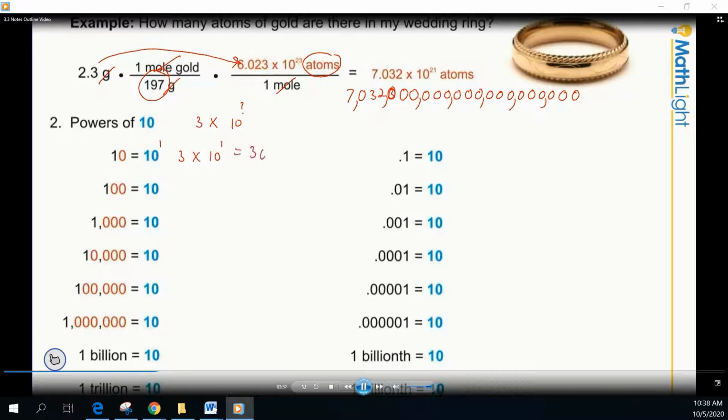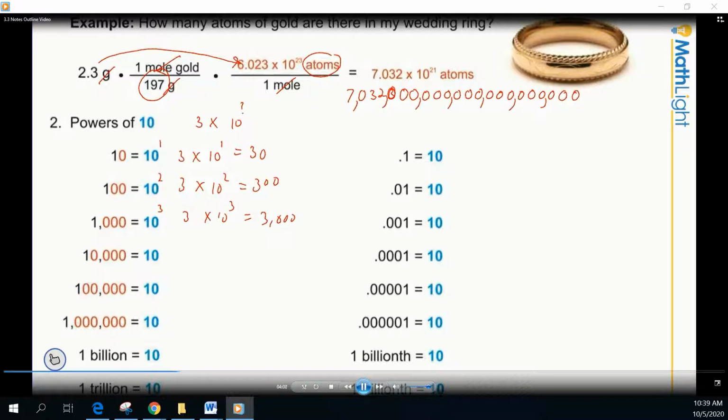Does it make sense? 100 is 10 squared, so 3 times 10 squared is 3 times 100, or 300. And you can keep going here. 1,000 is 10 cubed, so 3 times 10 cubed is 3 times 1,000, or 3,000. I don't need to keep going with the example. I think you get the idea.